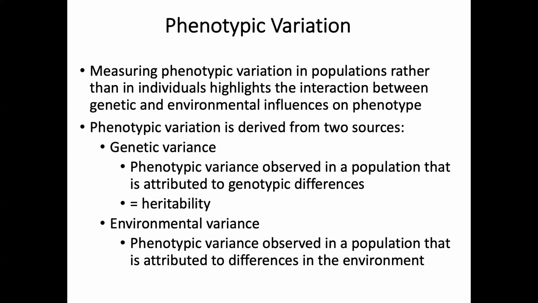Phenotypic variation is the variability in phenotypes that exists in a population. For example, people come in all shapes and sizes, like height, weight, and body shape. Those are phenotypes that vary, right? Measuring phenotypic variation in populations rather than in individuals highlights the interaction.